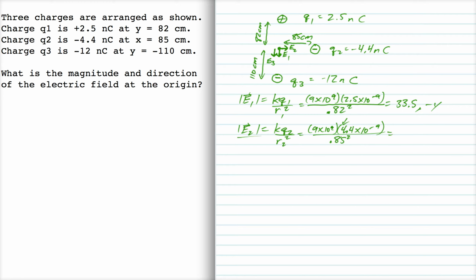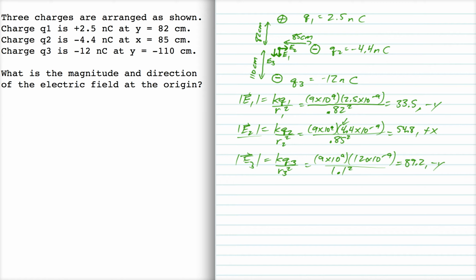It actually points in the plus x direction, so there's no sense in using the minus sign there. And then we can calculate the electric field due to charge 3 very quickly. Again, I'm leaving off the negative sign, and I get 89.2 in the minus y direction.